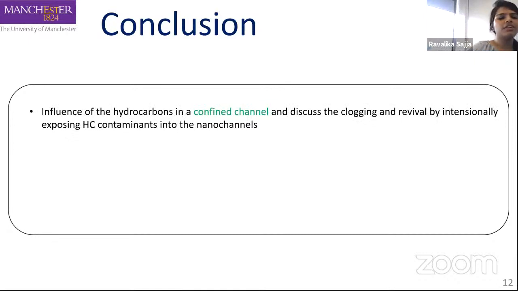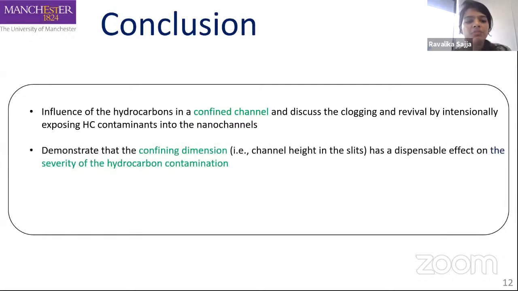So majorly in our study, we tried to understand the influence of hydrocarbons in a confined channel and discuss its clogging and unclogging by intentional exposure to hydrocarbon contaminants. Here we used a hexane molecule.